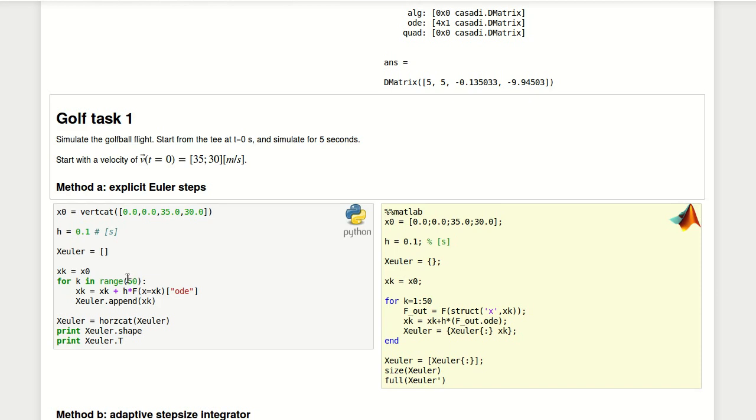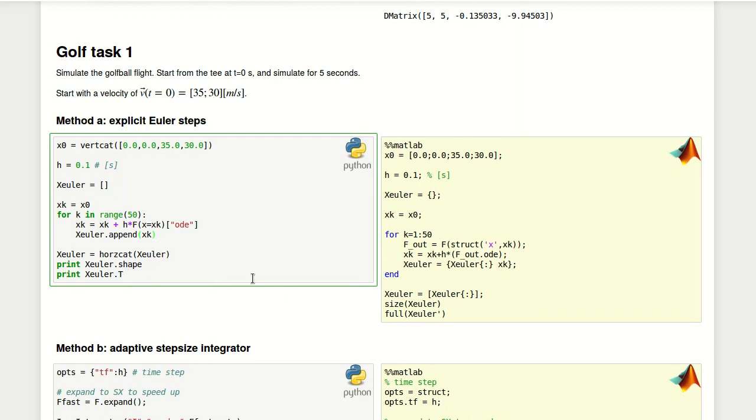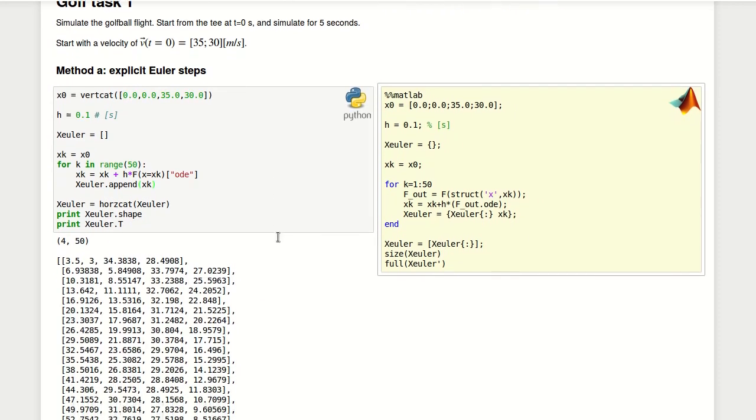The integration happens by saying that the state at the next iteration is the state at the previous plus the time step times the right hand side of the ODE evaluated at the previous time step. So big F here is the integrator that we constructed earlier from the nonlinear ODE of the golf ball. If you execute this, we just get a bunch of numbers.